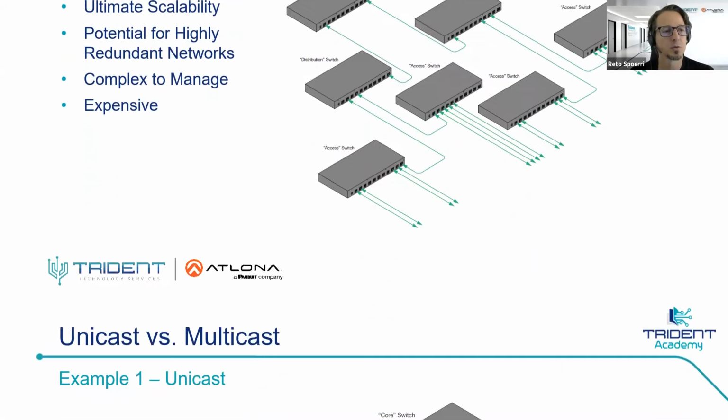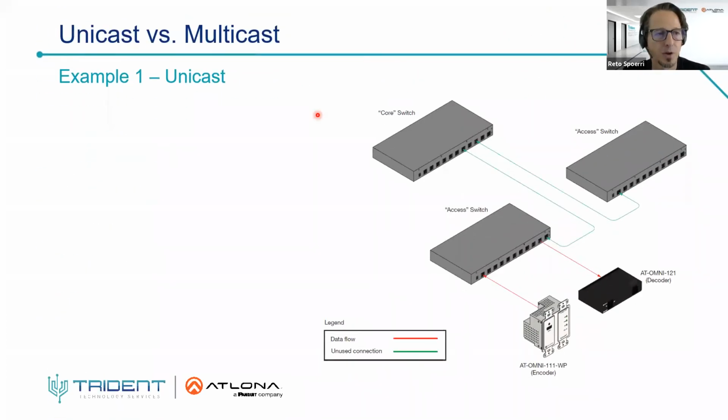Also, I promised you to explain what is Unicast, what is multicast. Let's start with the easy one, which is Unicast. So in Unicast, the encoder, which is the sender of the traffic, sends the video packets to the switch it's connected to, and it's typically connected to an access switch. And then the decoder, which is receiving the traffic, has a direct connection here.